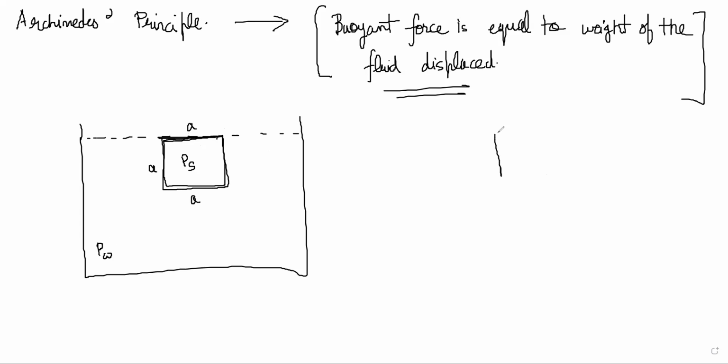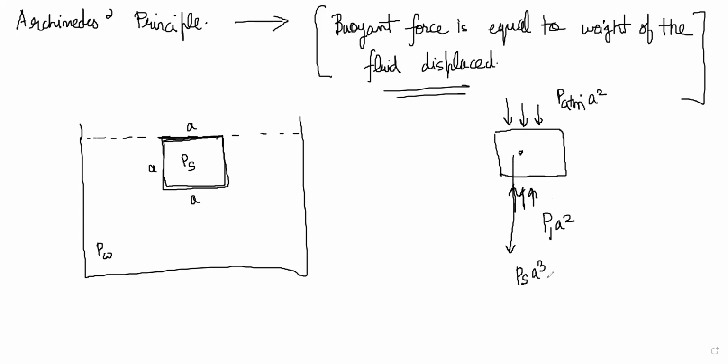Now let's do the free body diagram of this. Upward, it is facing P ATM into A square. On the downward surface, we don't know what the force is right now. It will be P1 into A square. And its weight force is rho S into A cube into G. If it is floating, all three forces must balance, correct?